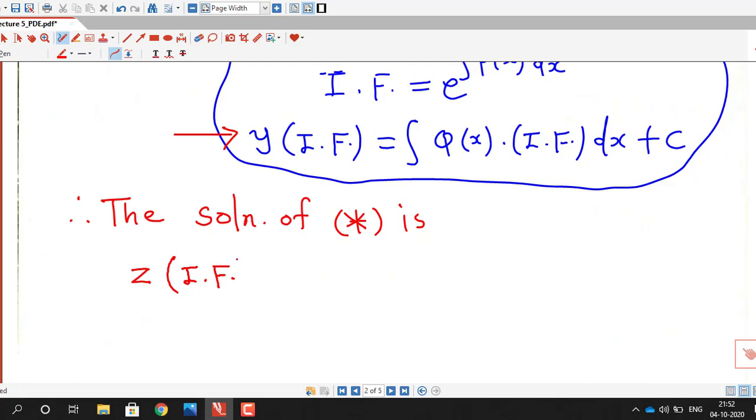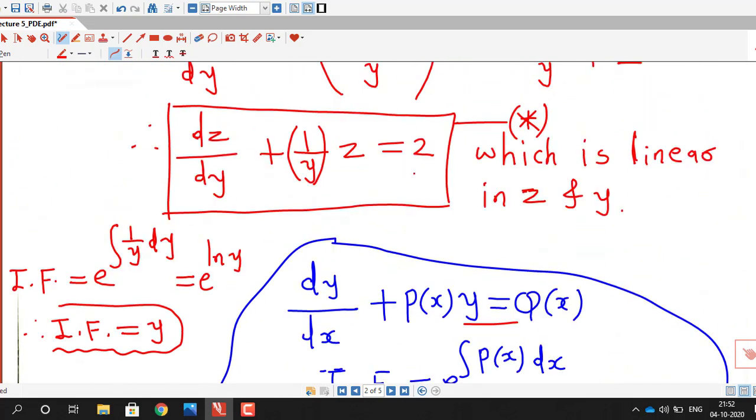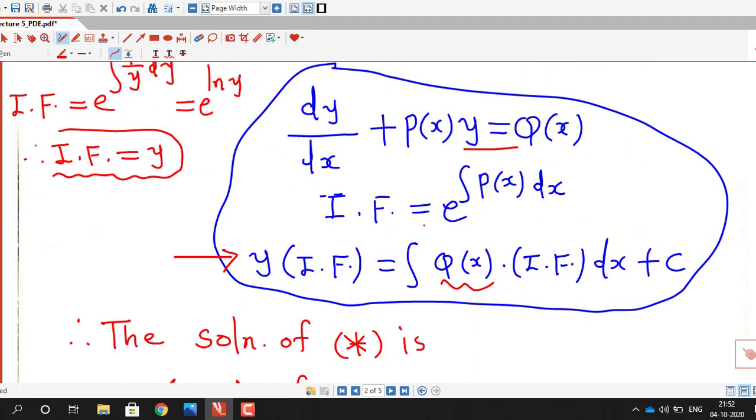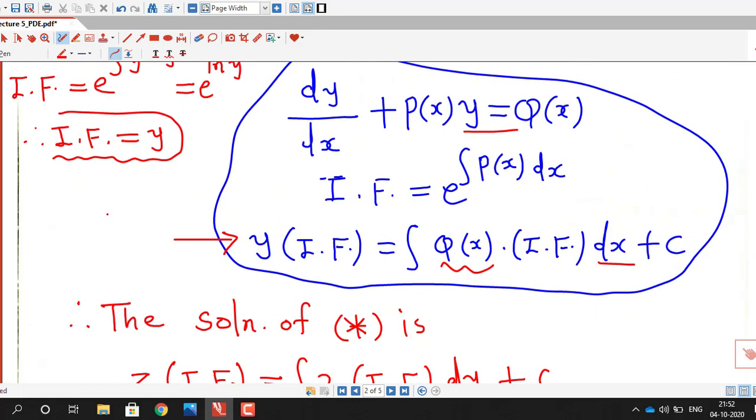So I write z into integrating factor equal to the right hand side into integrating factor, plus c. In our equation, the right hand side is 2, and the integrating factor is y.